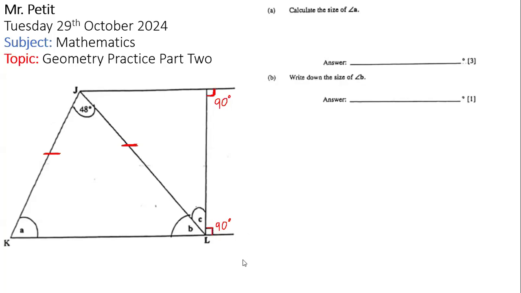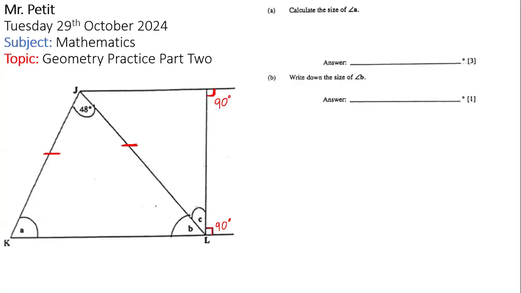Any ideas on how we are going to do it? You're trying to figure out the size of angle A and the size of angle B. Go ahead. I think what you should do is, since a triangle adds up to 180 degrees, you subtract 48 from 180, and then you divide the answer by 2, which would equal A and B. Why are we dividing by 2?